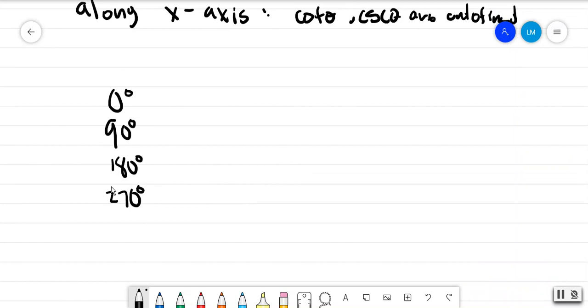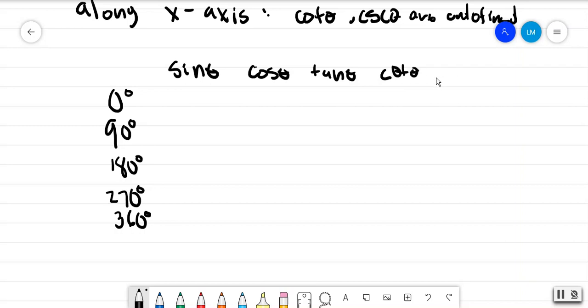But we can just go ahead and write it if you want. Now, we're going to have sine, cosine, tangent theta, cotangent of theta, and then secant of theta, and then cosecant of theta.